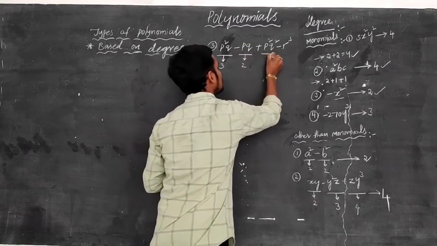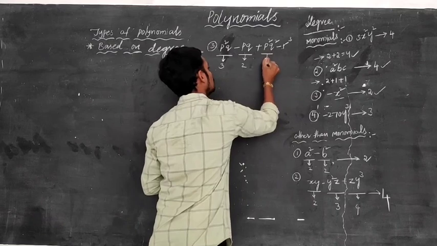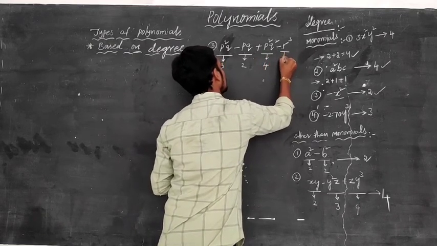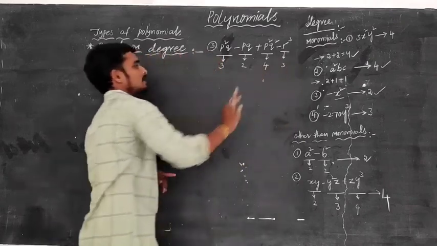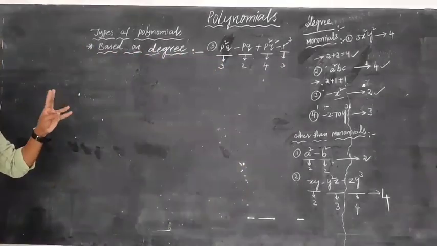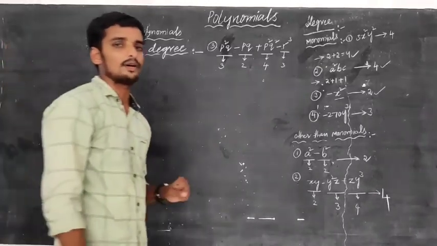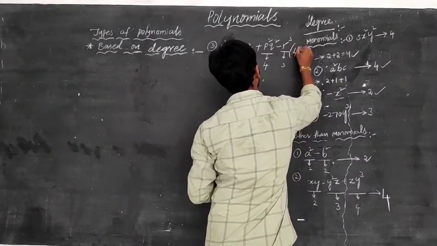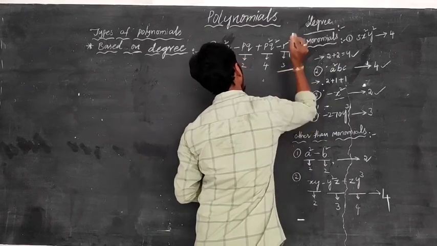The same way, p square q square: p 2, q 2, 2 plus 2 is 4. R cube, r power 3, so it has 3. In these 4 numbers, 3, 2, 4, 3, which is the highest number? 4. So the degree of the polynomial is 4.